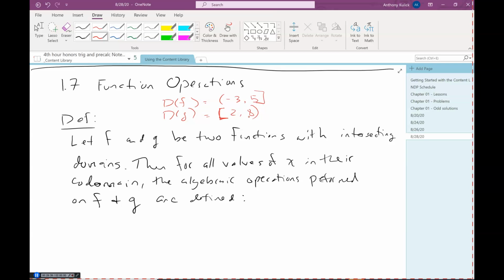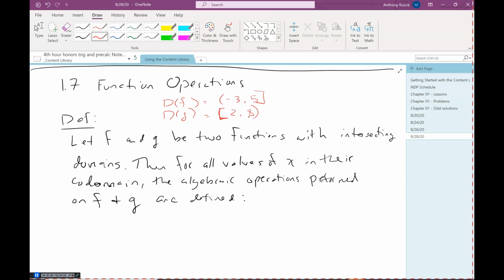Yeah, there's stuff that's in both of the two domains, right? For example, the number 3 is in both of these two domains. Is everybody okay with that idea, with what we mean by intersecting? It means they have to have stuff in common.